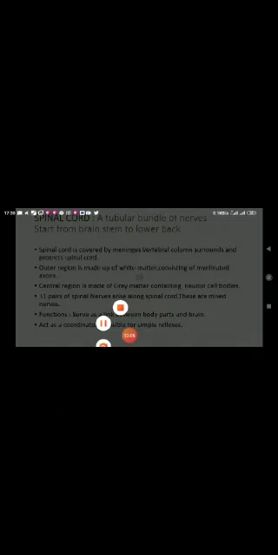There are 31 pairs of spinal nerves that arise from the spinal cord at the intervertebral disc, and all these nerves are mixed nerves. Now the functions of the spinal cord. It serves as a link between the body parts and the brain, and it acts as a coordinator responsible for the simple reflexes.